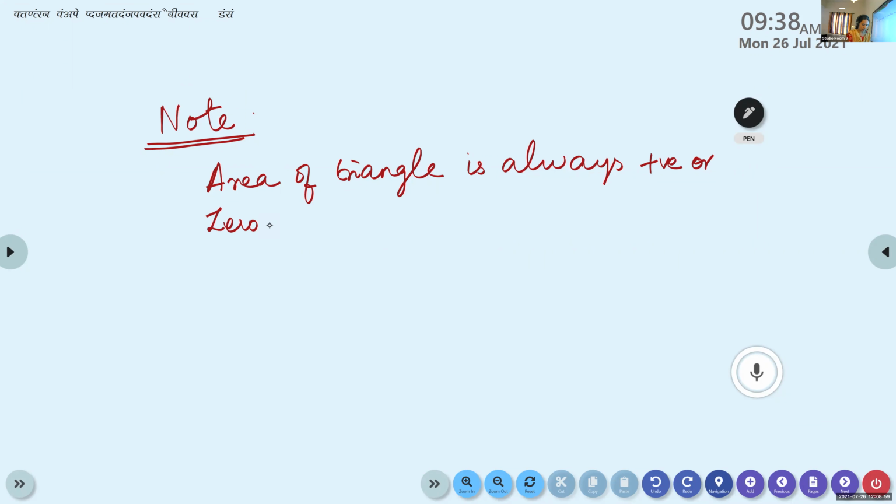Therefore, the area of the triangle will be the absolute value.